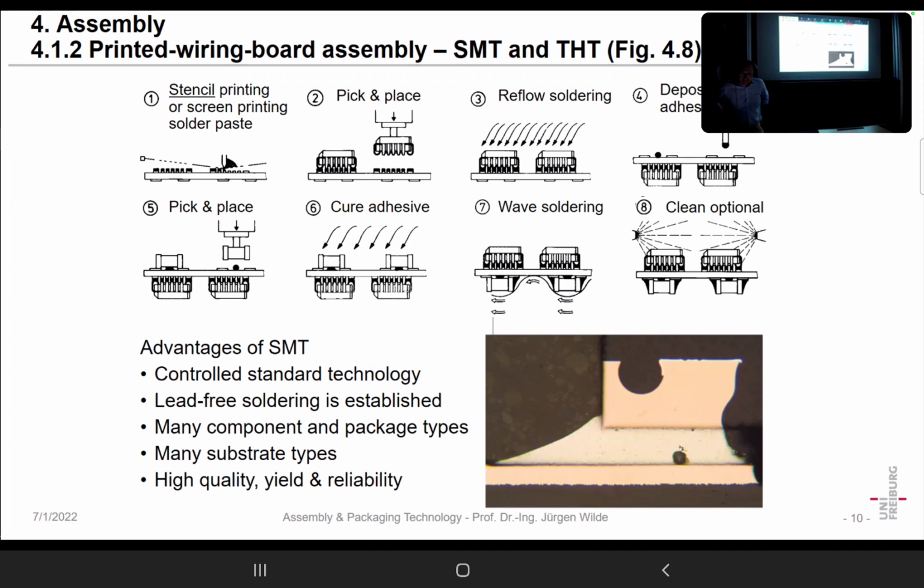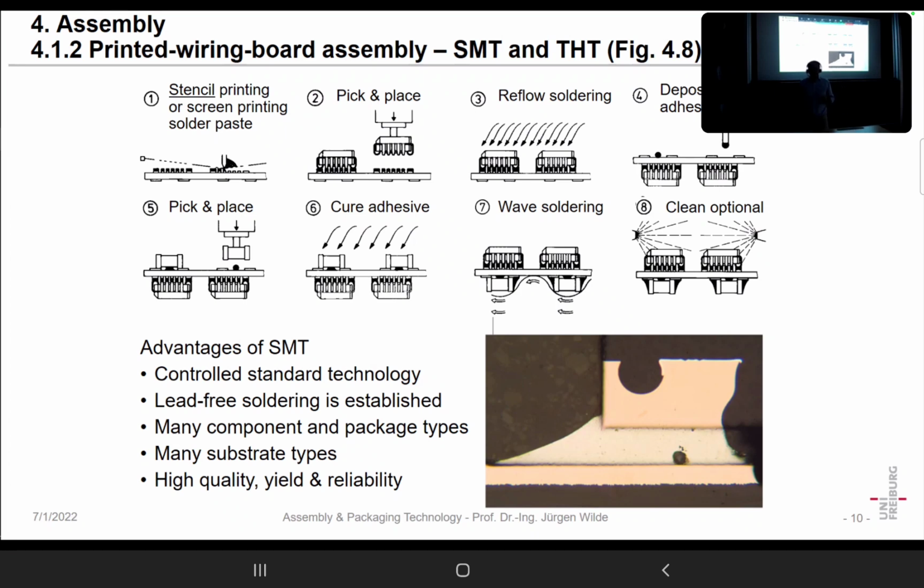Okay. So you could say wave soldering is not so important anymore because the devices become smaller and smaller, and wave soldering creates more soldering defects than reflow soldering.